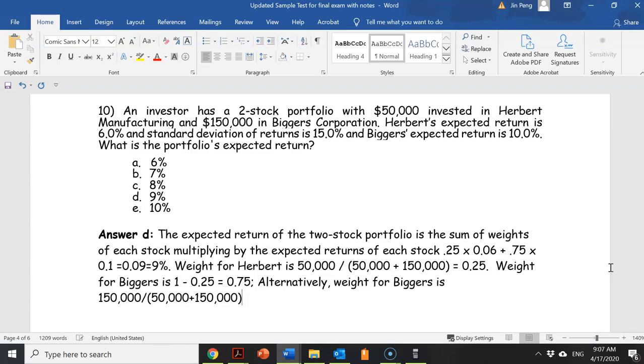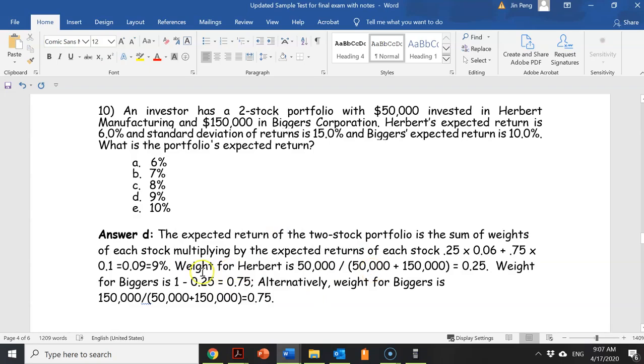Okay, so if we calculate this, we should have 0.75 as well. So we have 25% investing in the first stock, and 75% investing in the second stock.